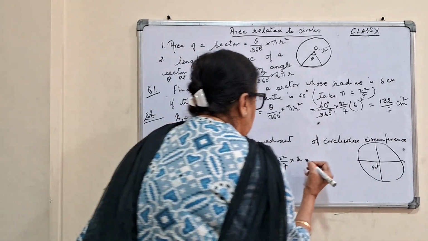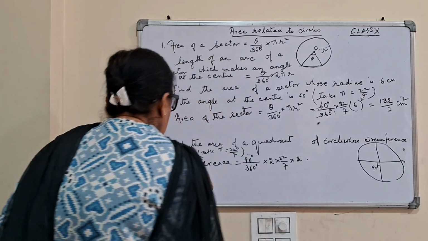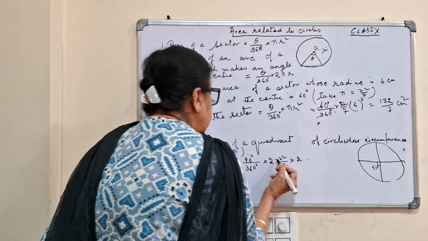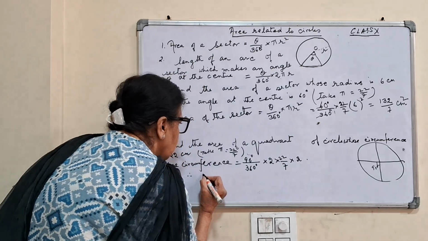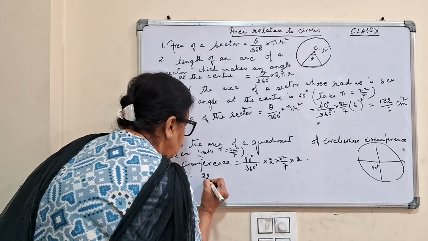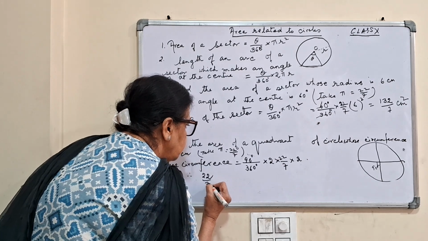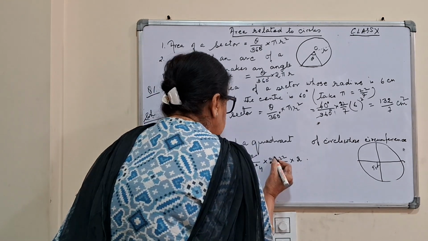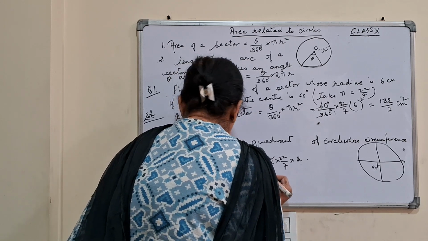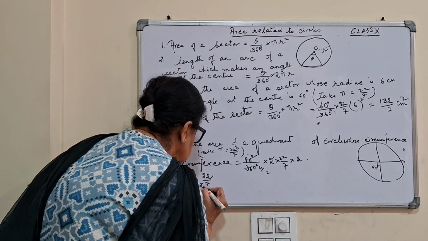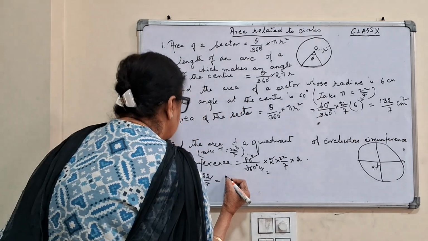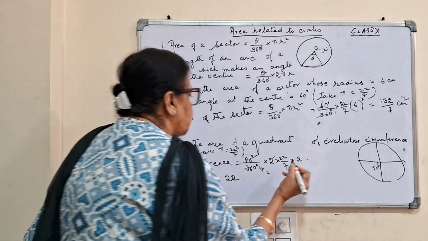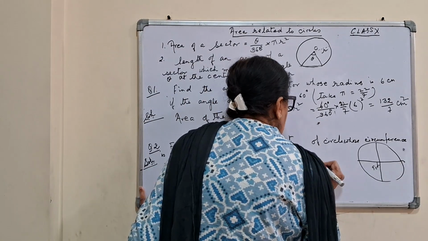Okay, therefore this is 4 and this is 2, that is 22 by 7, and this is 4 and this is 2. 22 by 7 into 2 is equal to 22. They have told you that circumference is equal to 22 centimeter.